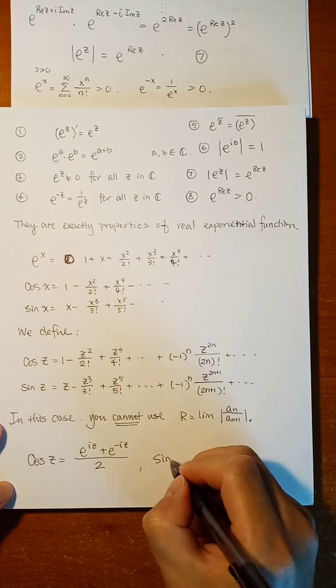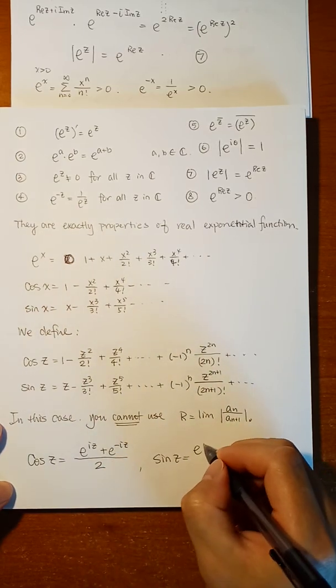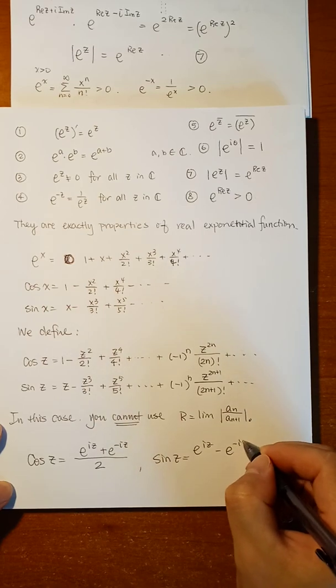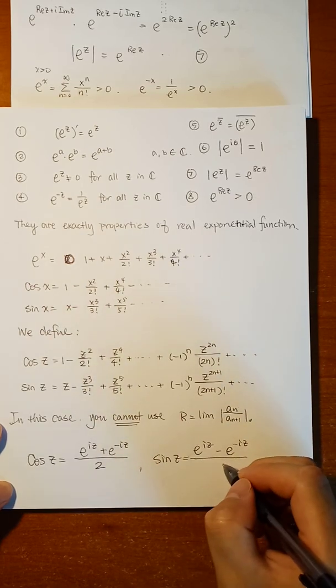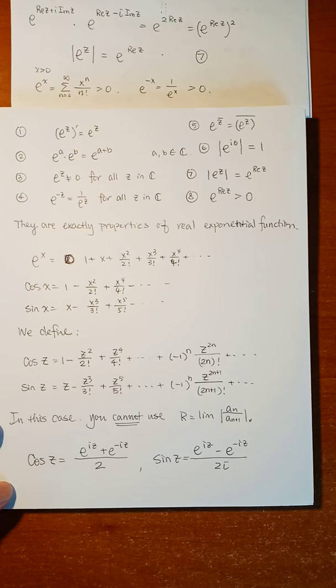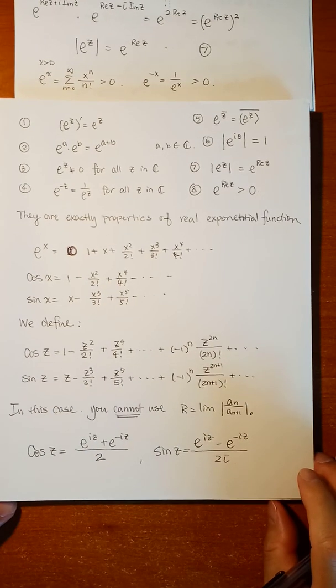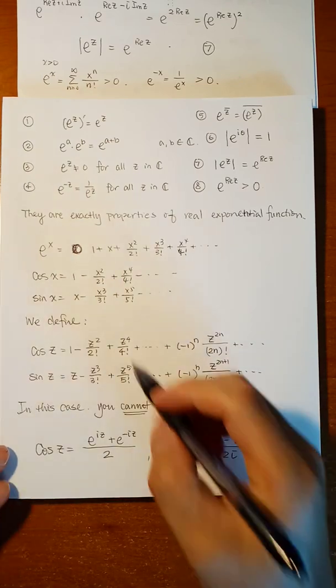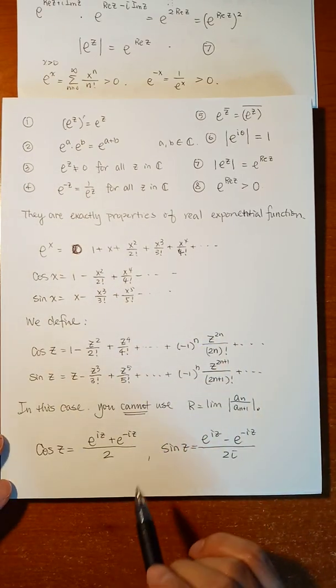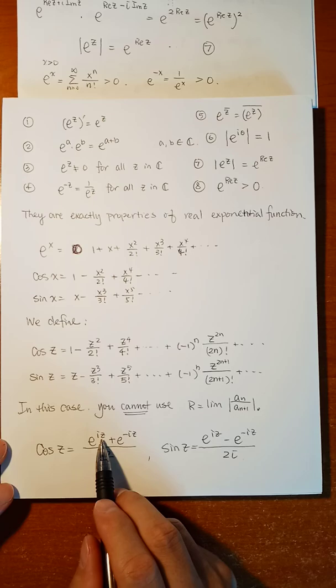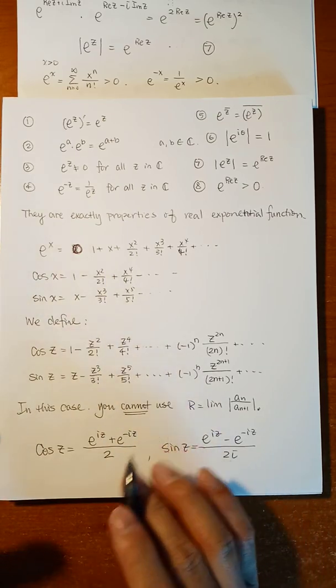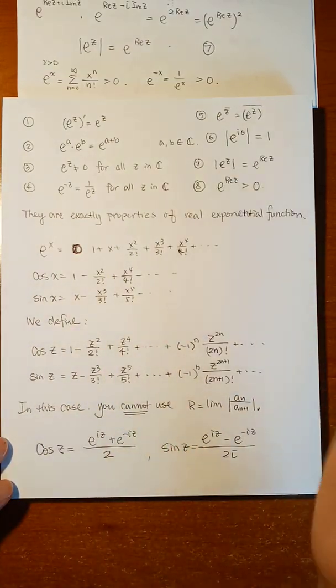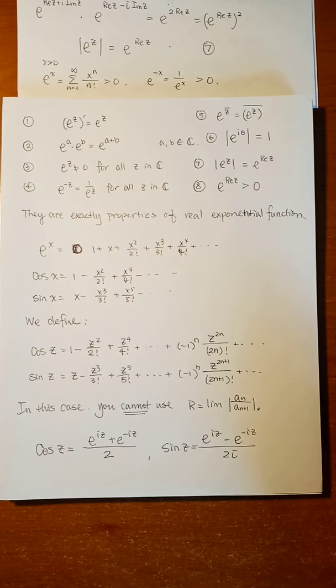And the sine of z is e to the iz minus e to the negative iz over 2i. Okay? All right, so just manipulate with this iz. Remember, this z is a complex number. This iz is not a pure imaginary. It's another complex number. You rotate it 90 degrees.